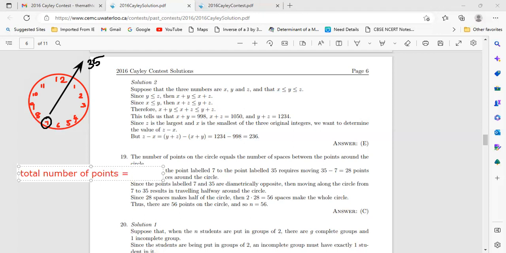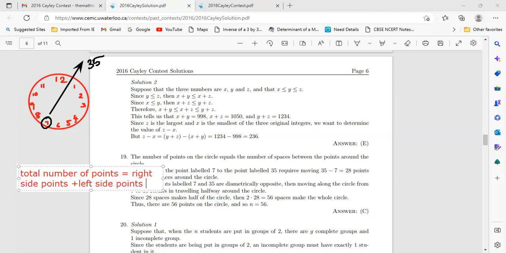We can derive this formula from the clock. Like we can say right side points plus left side points.